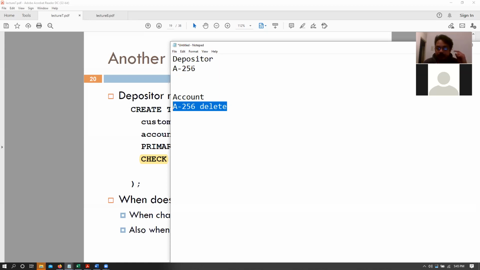So in order to delete this particular tuple or this particular user from this entire bank database, what we would need to do is essentially delete the depositor tuple first. Followed by that, we would need to delete the account tuple. Otherwise, depositor would be pointing to something that does not exist. And we can't allow that.